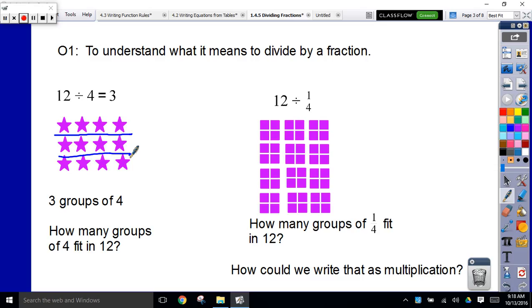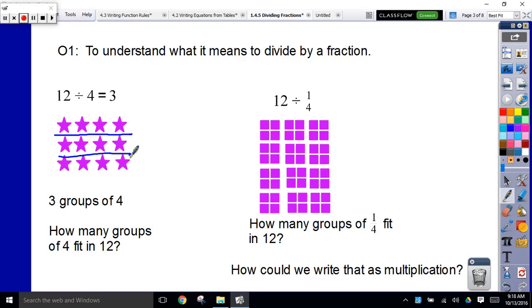If we're doing 12 divided by a fourth, I have 12 large squares here, and each square is divided into fourths. So when we're doing 12 divided by a fourth, we're asking how many groups of 1/4 fit into 12. Well, you can see each one of these squares is divided into 4 pieces.